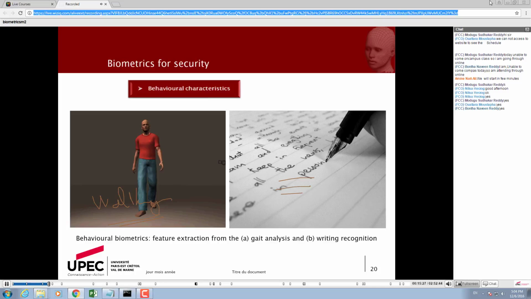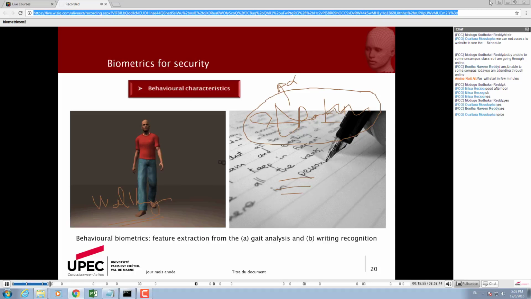What can you give as examples? Signatures. If we ask someone to sign, we can analyze the signature and extract some features. Always, when we say extracting features, it means we assign parameters alpha 1, alpha 2, alpha 3 to any information.